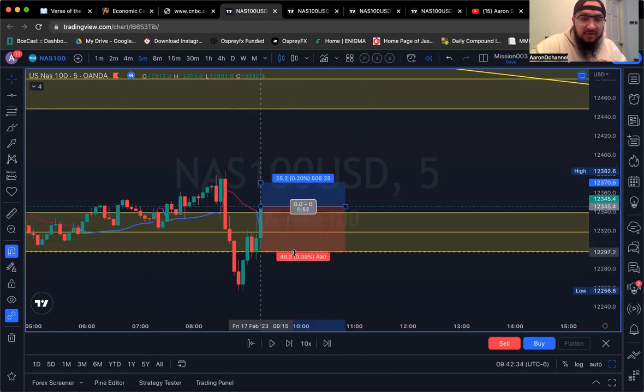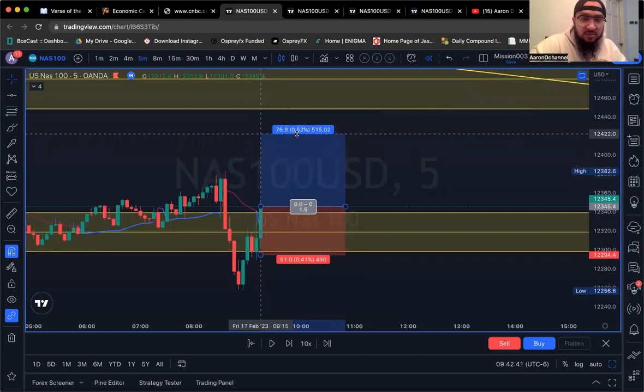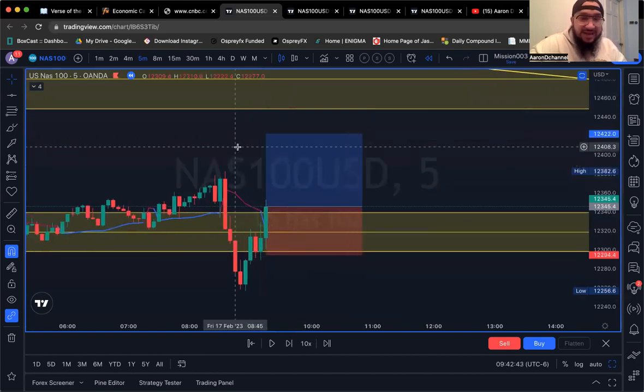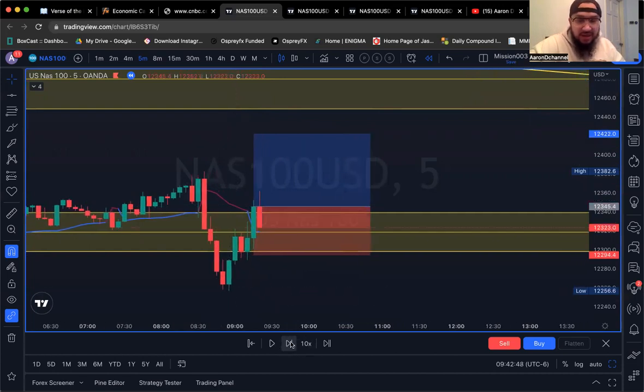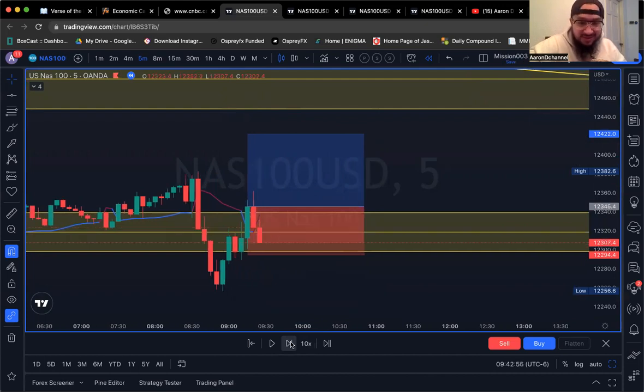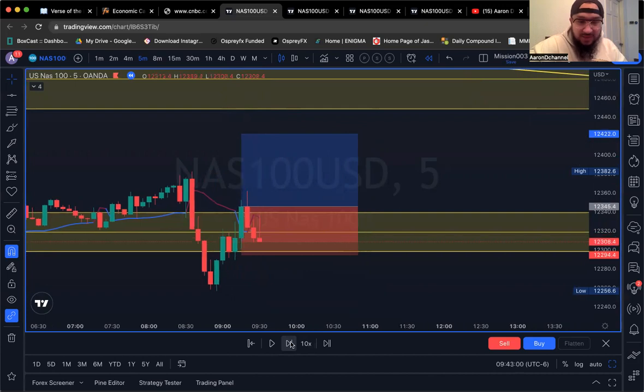Now, a 50 point stop, something like that, going to 1 to 1.5. We never know, we just react. There's a couple of things we can keep in mind as price prints. This next candle tells us it might just not go up, so we wait and see what price wants to do.